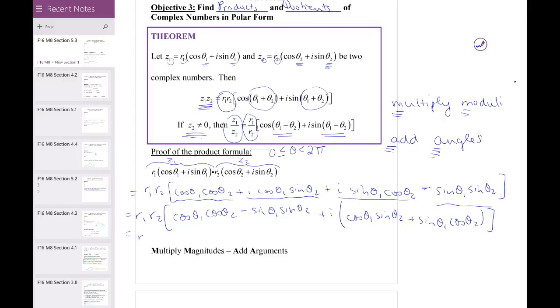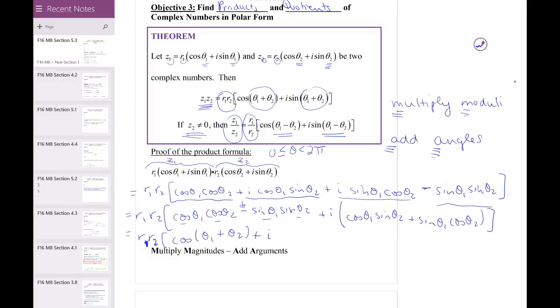So think about the sum and difference formulas that you learned, and here you have cosine, cosine, sine, sine with a minus. This is the cosine of theta 1 plus theta 2. It's the cosine of the sum of two angles.